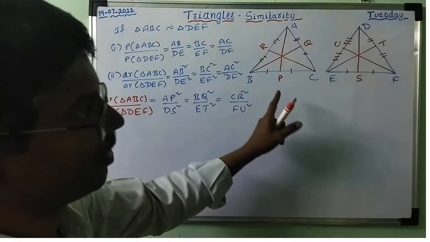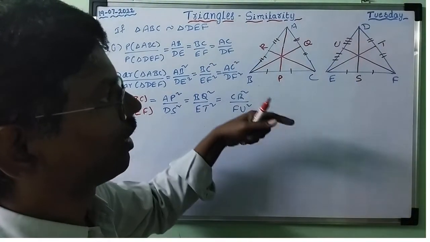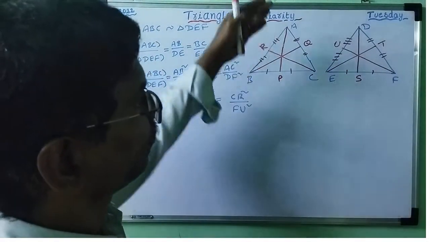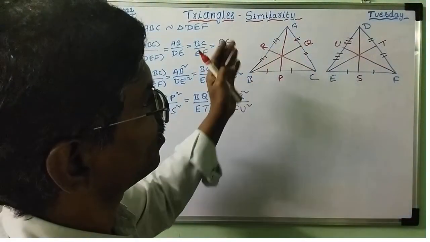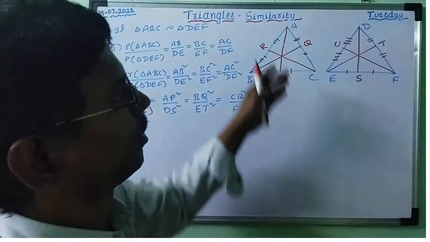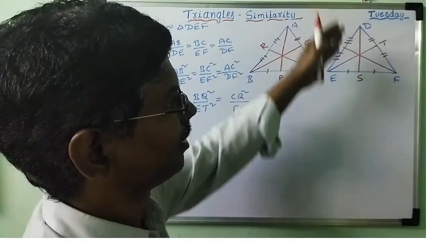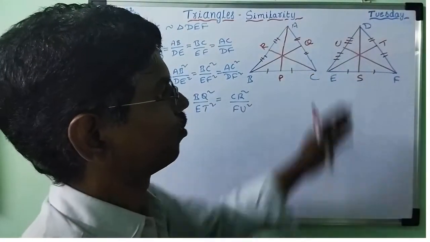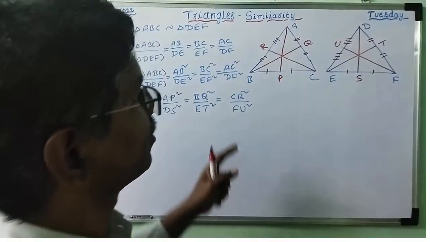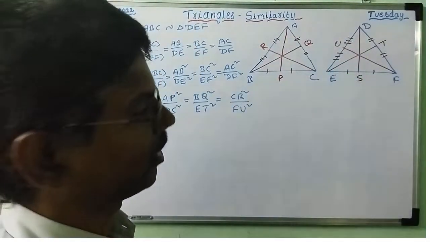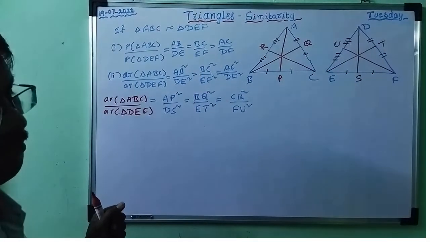Okay, the same is applicable in the case of altitudes and angular bisectors also. That means if AP, BQ and CR are altitudes, if I draw a perpendicular from A to BC, then it is called an altitude. And DS is altitude from D to EF. Then also we can say these three are altitudes for the first triangle. Then also it is applicable.